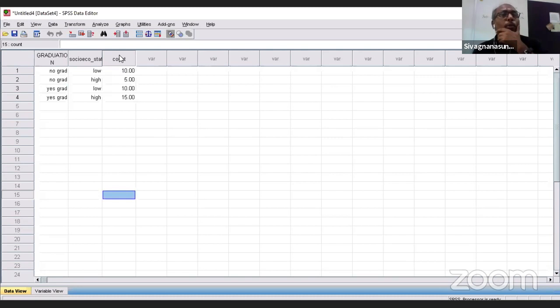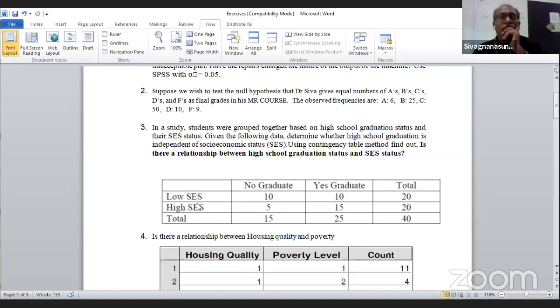If you look at the data set, let me share the data set first. What do I have in the Word file? I'm just reproducing the table there. So this is what I have. You see here, no and low 10, no and high 5.